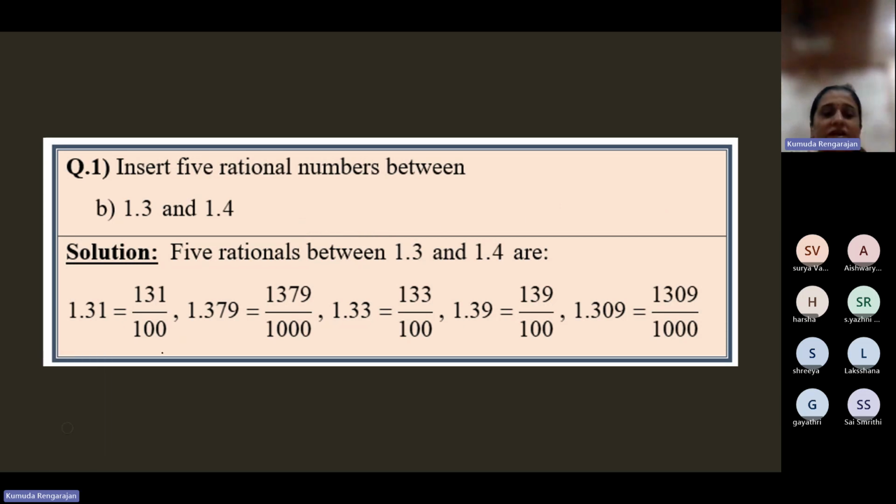Or you can still increase the space between the numbers by adding one more zero, like this. 1.300, 1.400. See, they should have equal number of decimal places. Take care. So this is 300, this is 400. 3 digits after the decimal point, 3 digits after the decimal point.